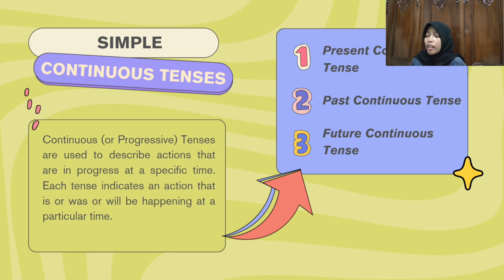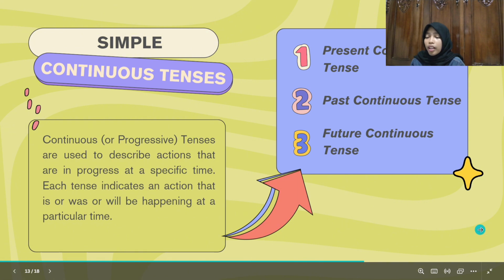Each tense indicates an action that is or was or will be happening at the particular time. In simple continuous tense, there are three branches again. The first is present continuous tense, the second is past continuous tense, and the third is future continuous tense.